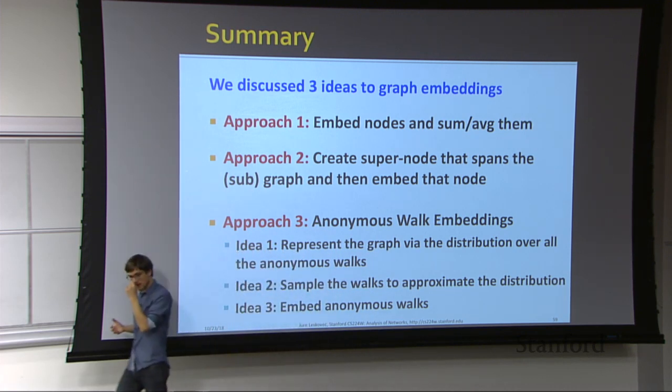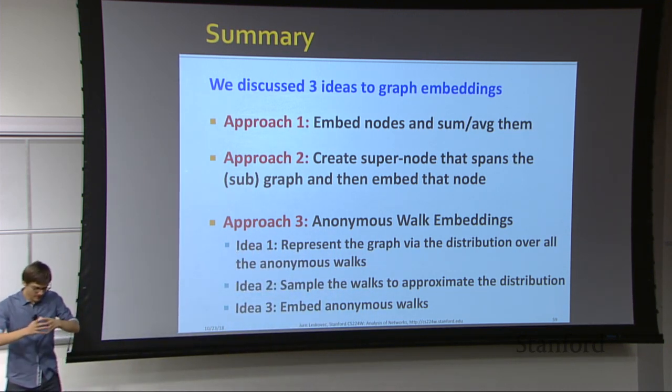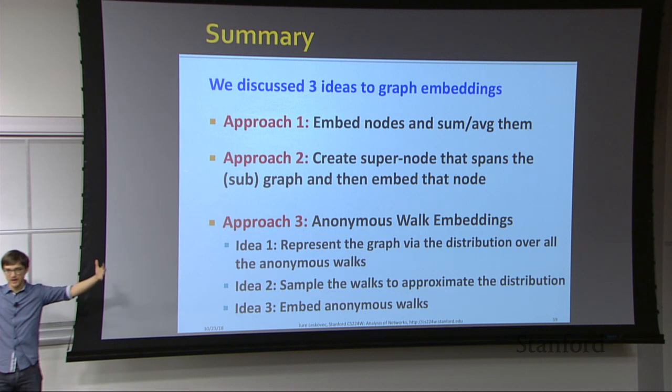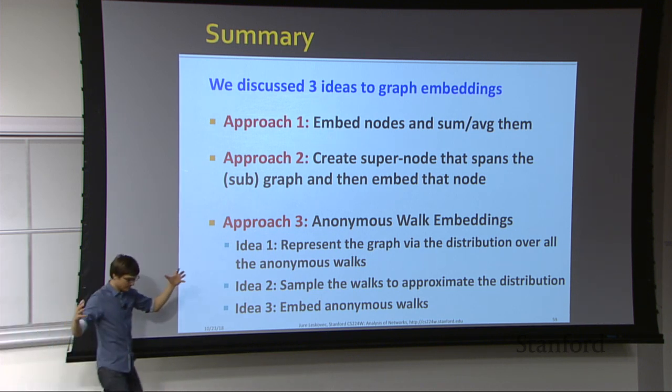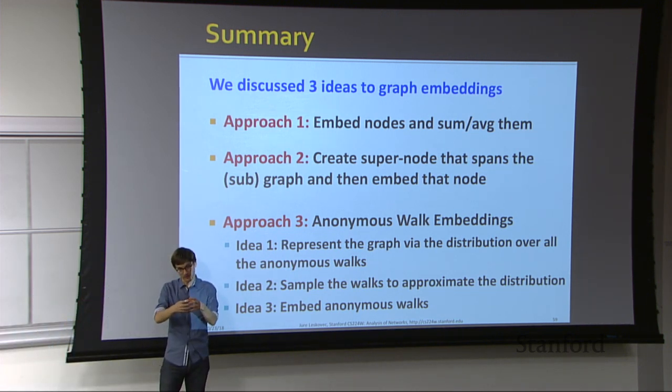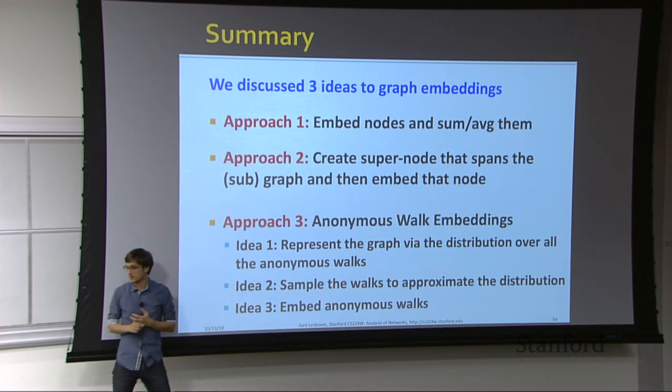What is nice about the anonymous walks is that they take this super large space of random walks and compress it down to the space of anonymous random walks. This gives you a nice dimensionality reduction, where you can even think of describing the graph with the frequencies of different types of anonymous walks that occur in this graph.